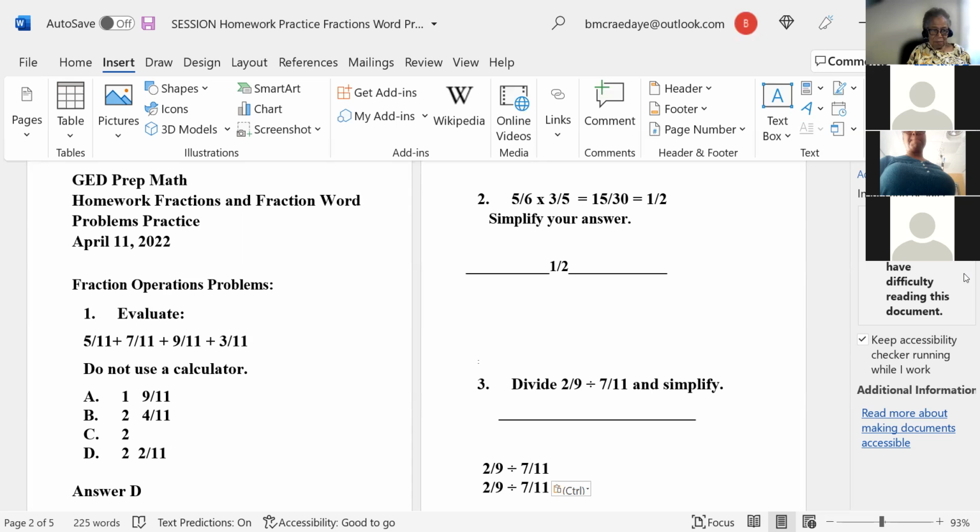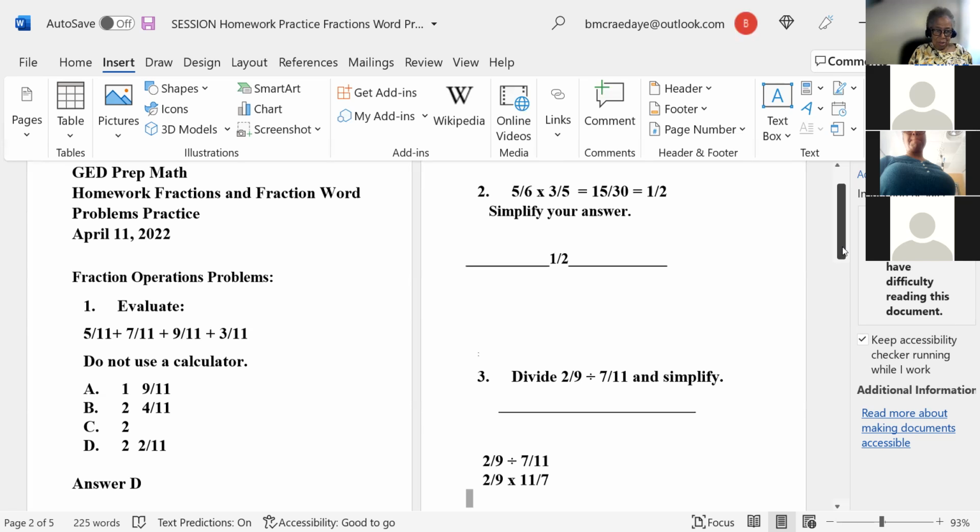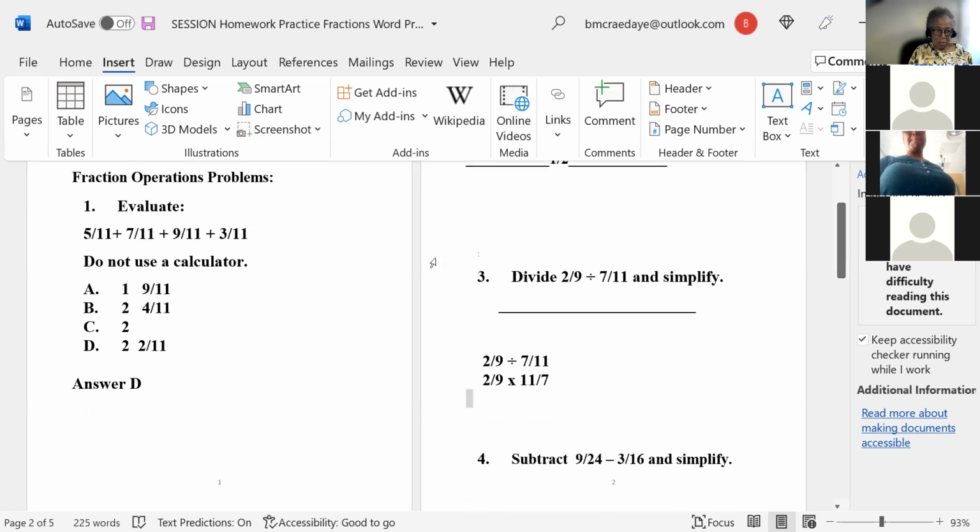Okay, I changed the division into multiplication, right? So I put 2 over 9 multiplied by 11 over 7. And what was that equal to? I get 2 times 11 is 22 and 7 times 9 is 63. So far that's what I got. Okay, so she multiplied numerators: 2 times 11, she got 22.